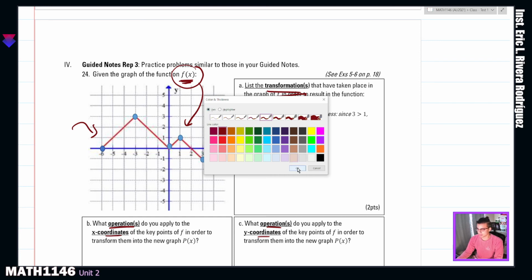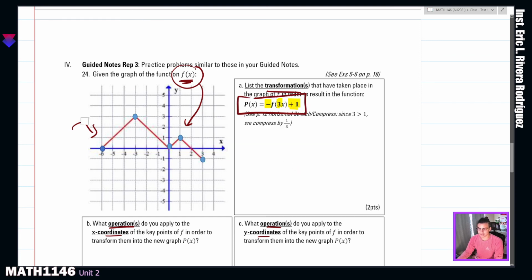For the key points, how are you going to identify the key points on this graph? This graph is made up of lines. We can break it down into 1, 2, 3, 4 lines. The key points are all the ends of those lines or segments.